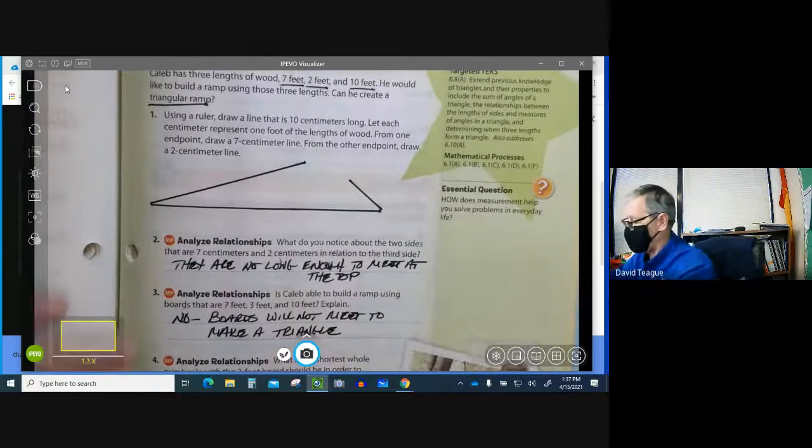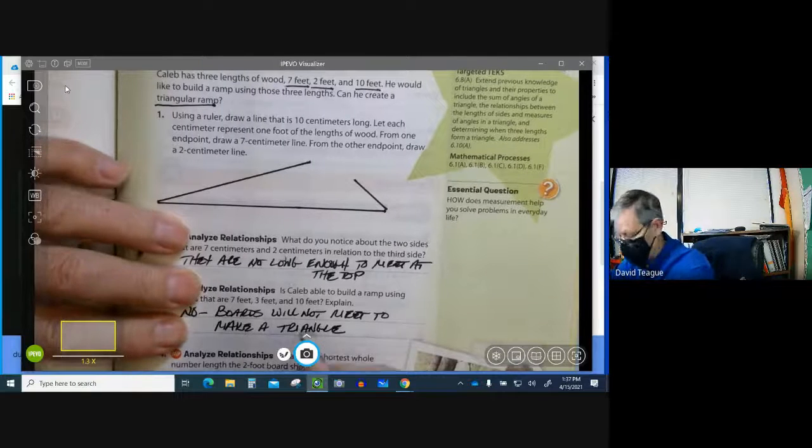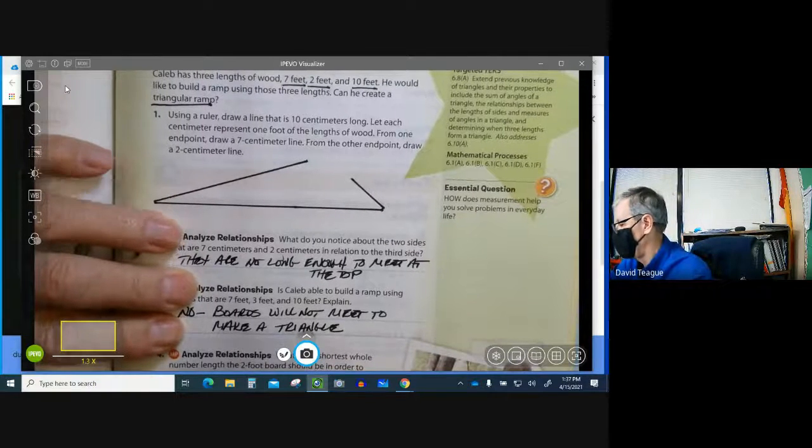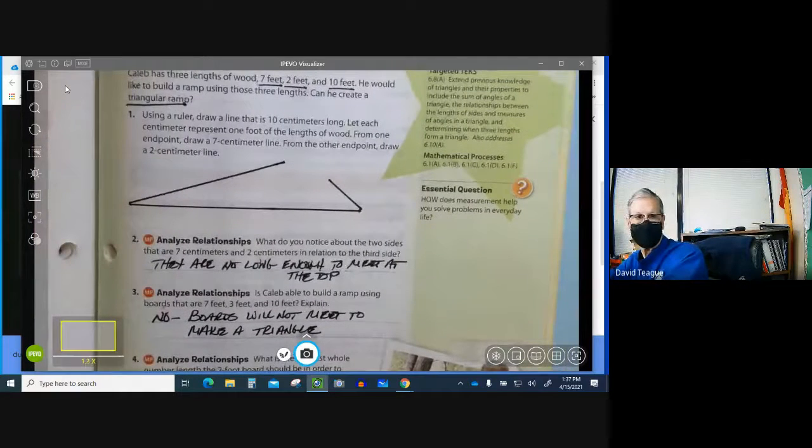So you need a 4-foot board to make a ramp. Okay?